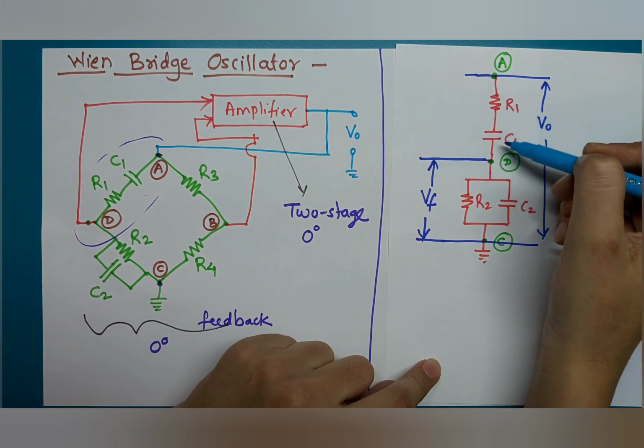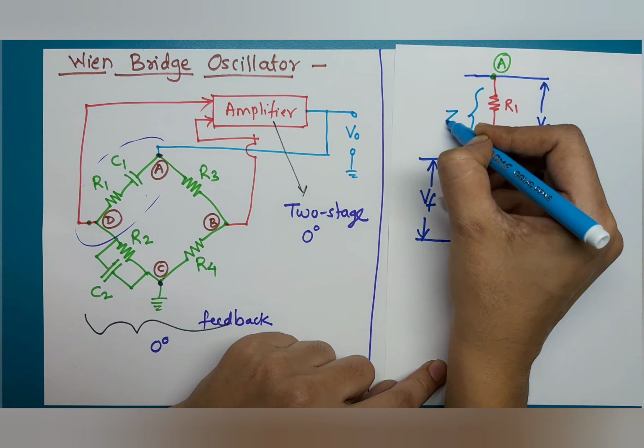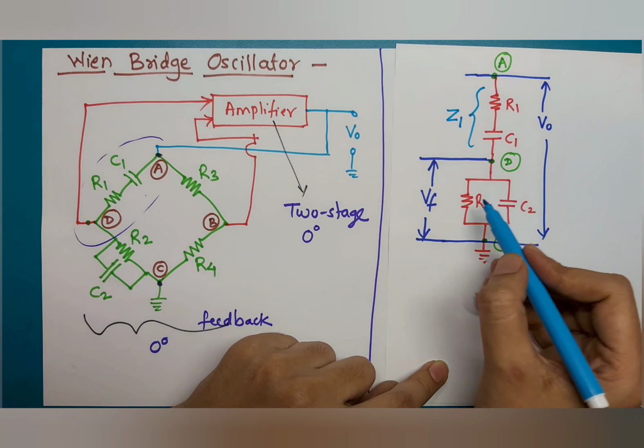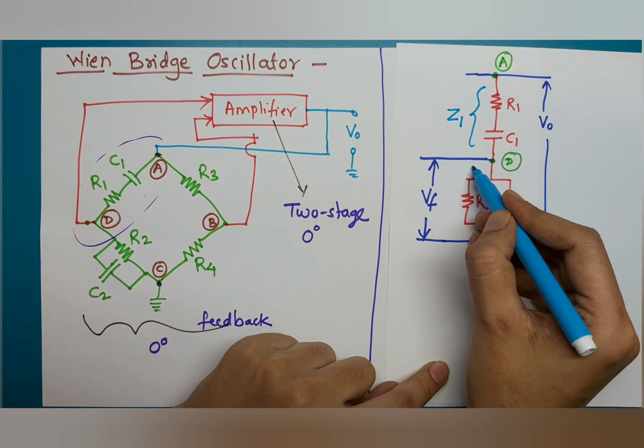The above R1C1 branch gives us the total impedance of, let us say, Z1. The parallel combination of R2C2 gives us the impedance as, say, Z2.